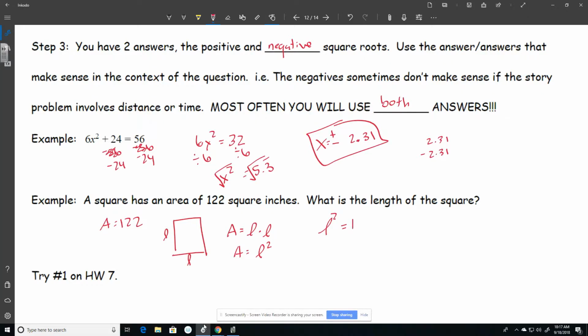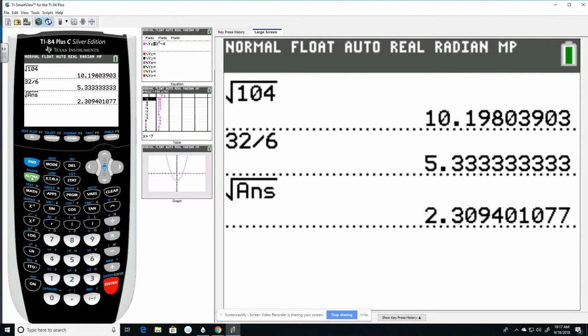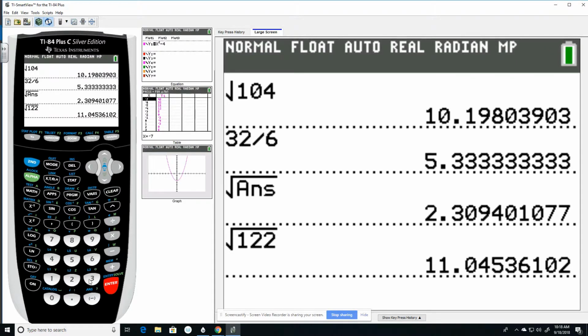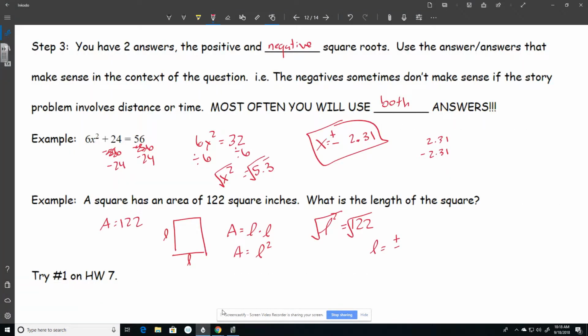The area I do know. It's 122. Now to find my length, I just take the square root of both sides, and my length is going to equal plus or minus the square root of 122. So square root of 122, and I get 11.045, so 11.05. We'll round it to the hundredths.